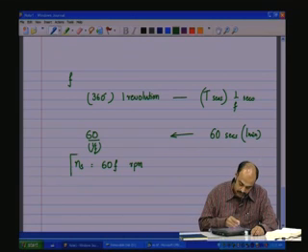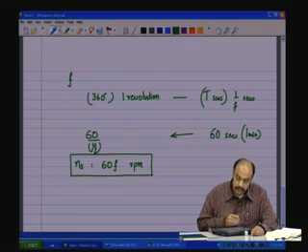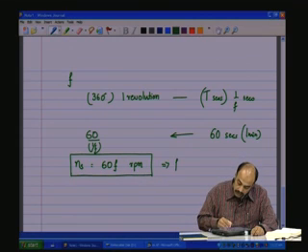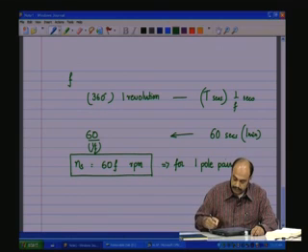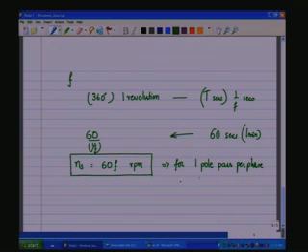Okay, this is your ns. This is for 1 pole pair, one pole pair per phase, or should we say there are two poles per phase. So if we use this notation, that is, instead of saying poles, we say pole pair, then it is 60 f by pole pair.